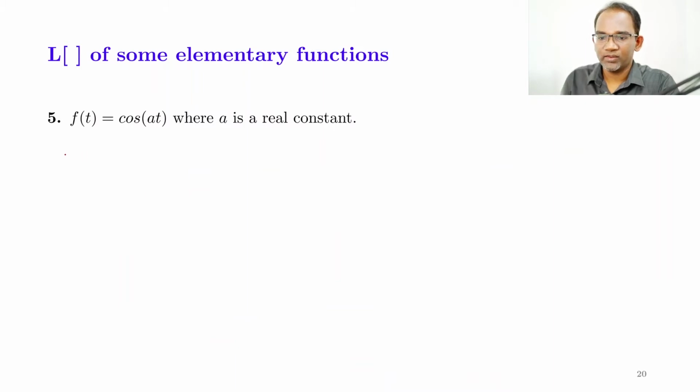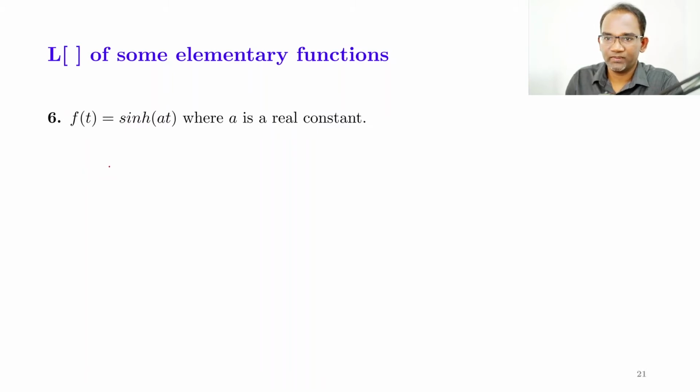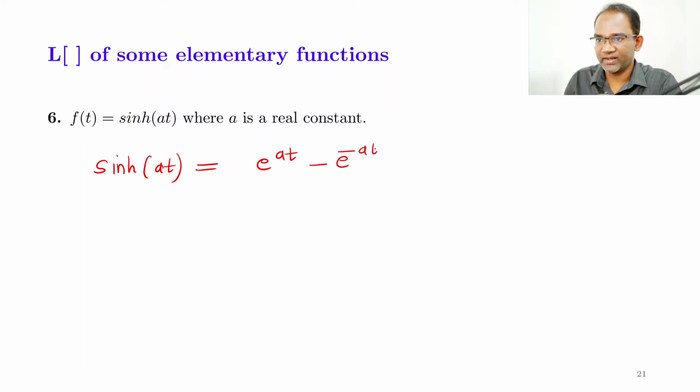Similarly, we can show that the Laplace transform of cos at is equal to s over s square plus a square. And similarly, to calculate the Laplace transform of the hyperbolic sine function sinh at, we'll use this substitution: sinh at equal to e raised to at minus e raised to minus at divided by 2.